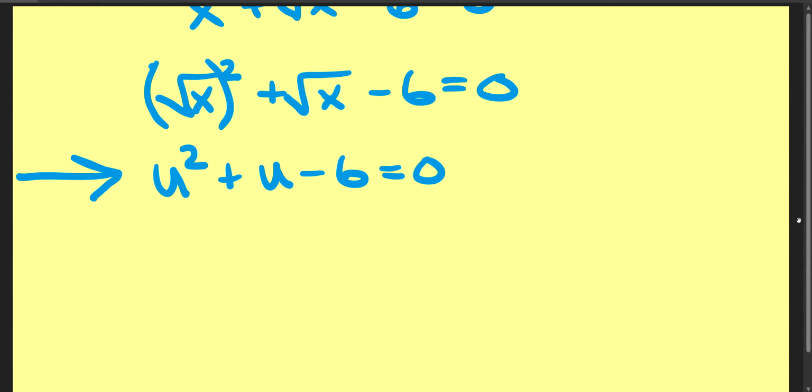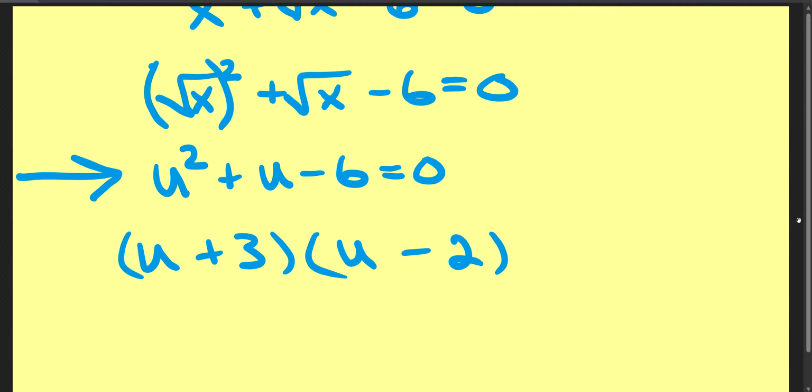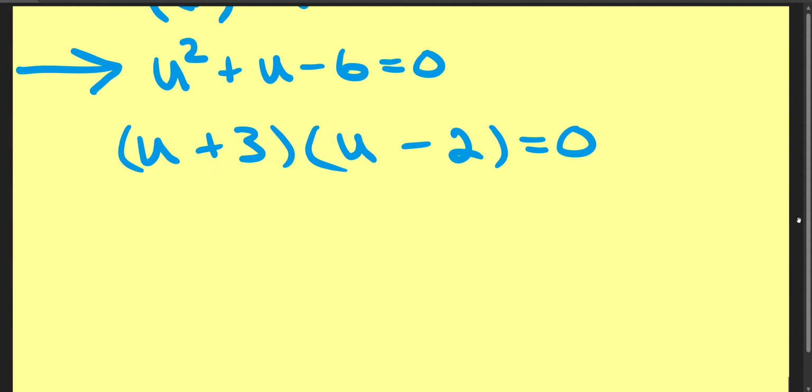And then I'm going to factor this. So again, easy factoring, where I got u and u, plus and minus, and it looks like I'm going to have 3 and 2, all equals 0. So solving for u would equal negative 3, or u will equal 2.